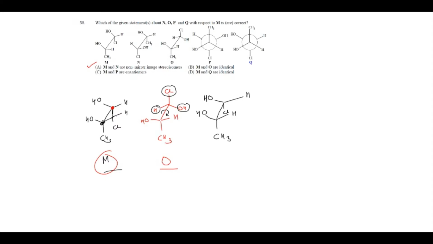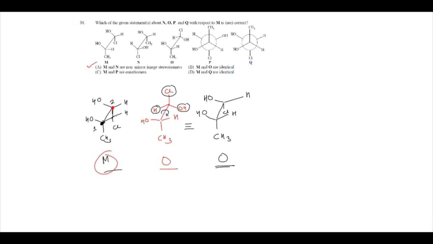Now let us compare M and O. So this is basically O, and I will compare M with O. Here I can see that this carbon, let me number it: this is carbon 1 and this is carbon 2.